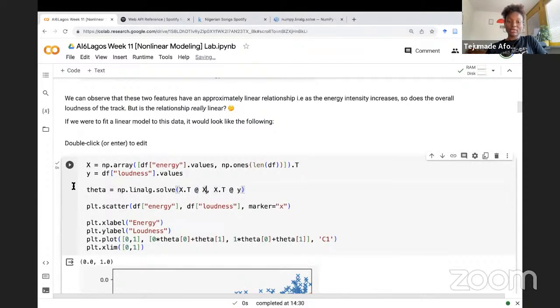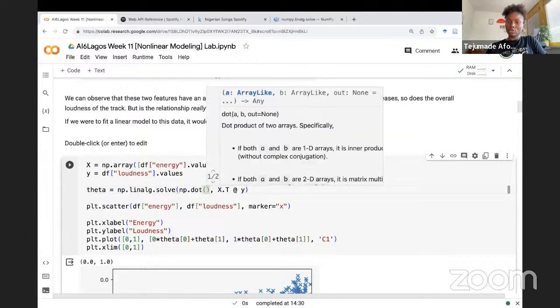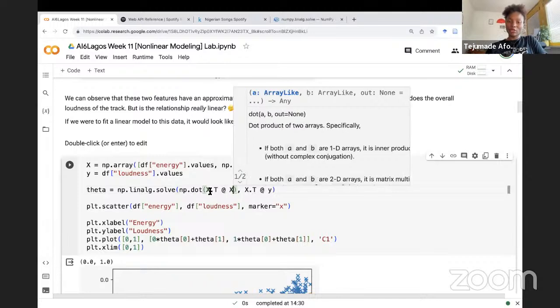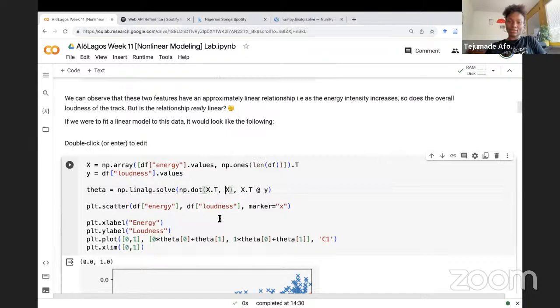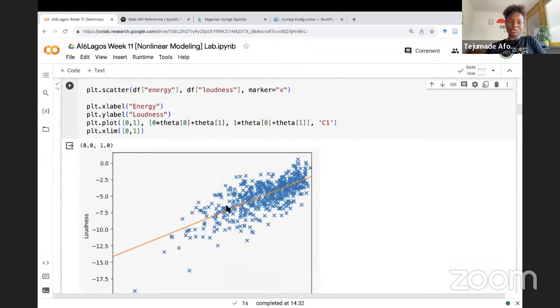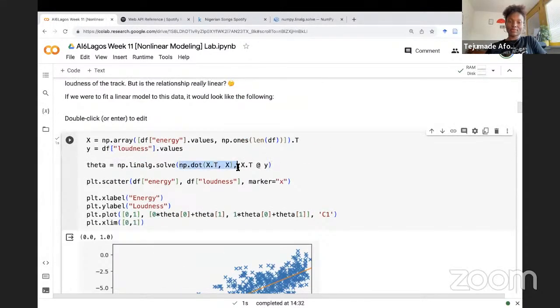The same thing that we wrote here, you can write it as np.dot of A and B. The answer should not change. It should be the same thing, because it's a dot product. So the at symbol is just an easy way to write the dot product. Do you know what dot product is, Samuel?